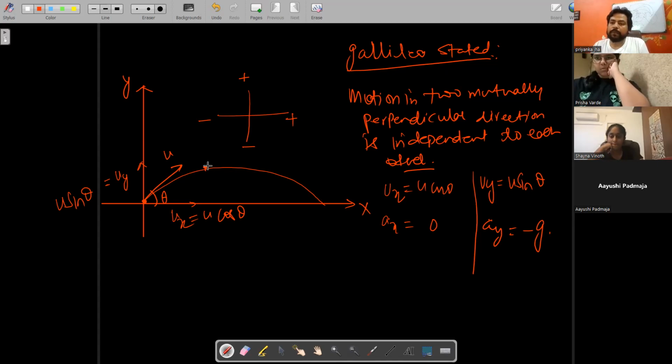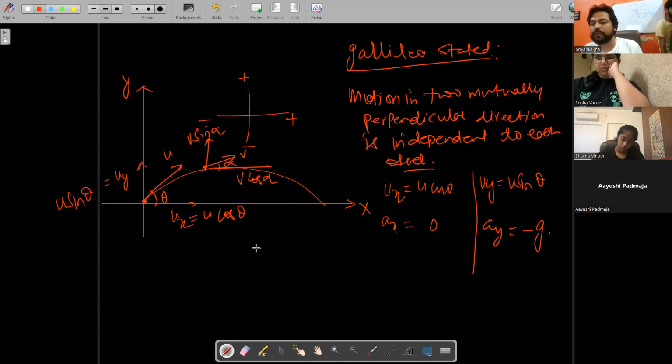Suppose at a certain point, its velocity is v, like this. So this v will again have two components. Suppose this angle with the horizontal is alpha. So this velocity will have two components, v cos alpha and v sin alpha.